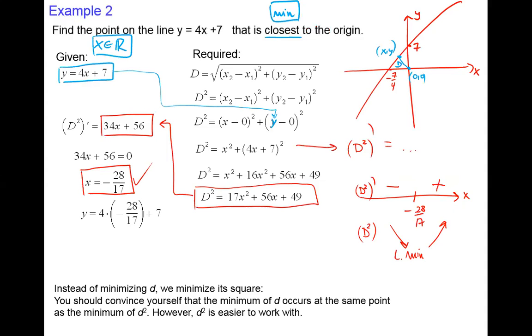And now, in order to find y, I have to copy 4x plus 7, but instead of x, I have to substitute that number. And we can leave it like that. It's too many calculations.